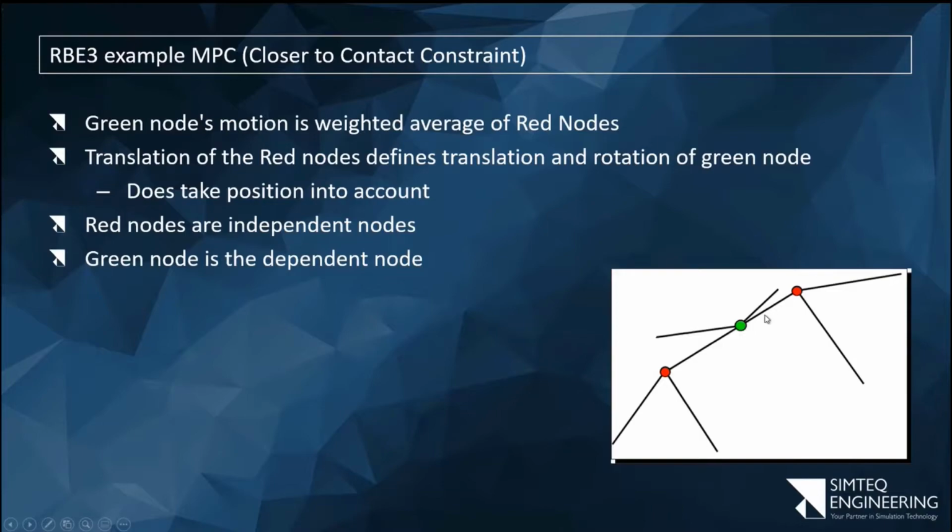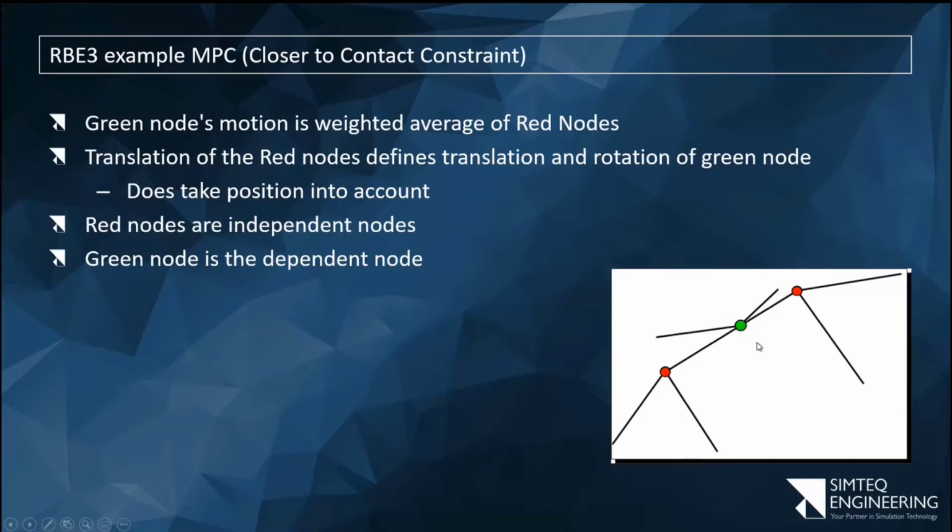So that means if that node is very close to that one, most of that node's motion will come from this one and only a little bit from the one further away. It also means that if I apply load to this, it will automatically distribute so that the center of that force, well, not center of mass, but the same equivalent for a force, acts through exactly the same. So the same total force and moment will be transmitted to these nodes.